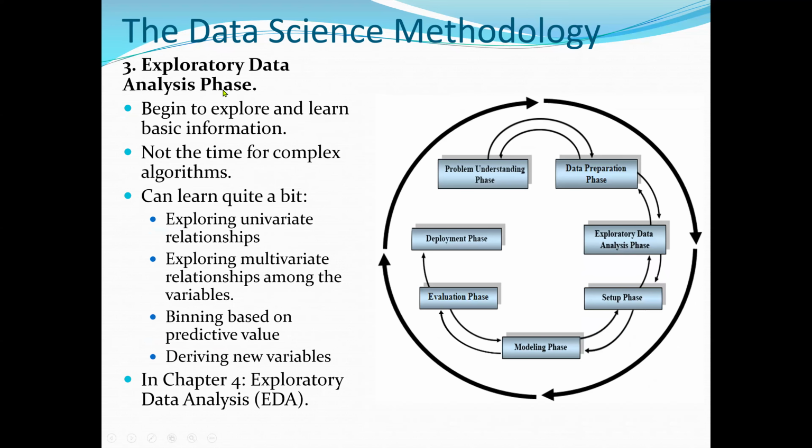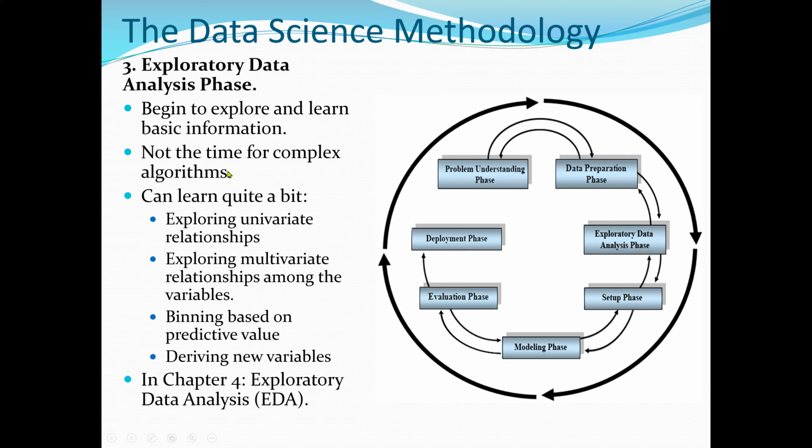The next phase will be the exploratory data analysis. Most of the techniques here are based on, again, statistics. So we can begin to explore and learn the basic information about the data to understand the data.